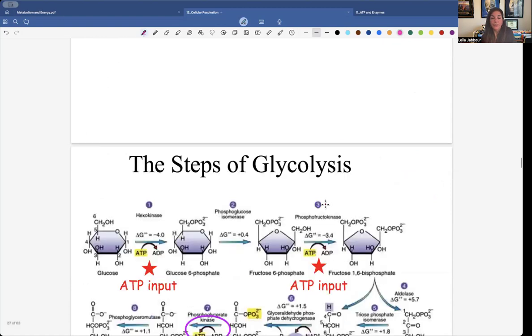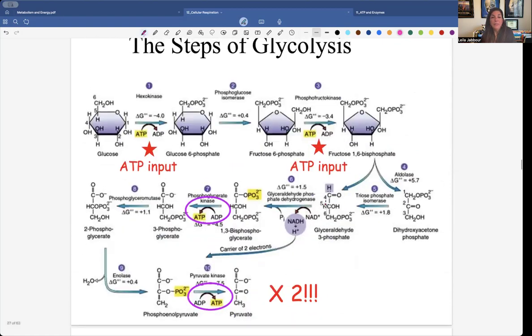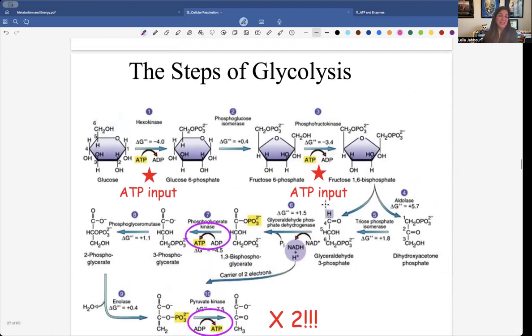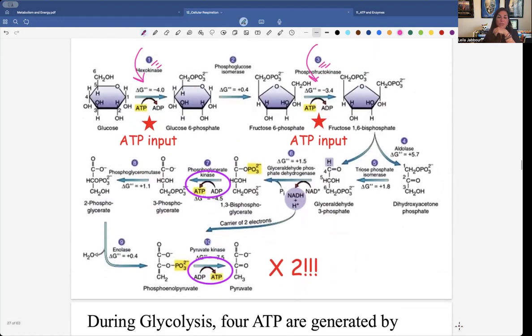We're good. And where is this ATP needed? It's actually needed in those reactions. The first reaction over here and the third reaction over here. And where is ATP being produced? Right here.